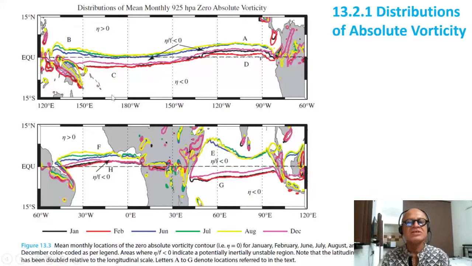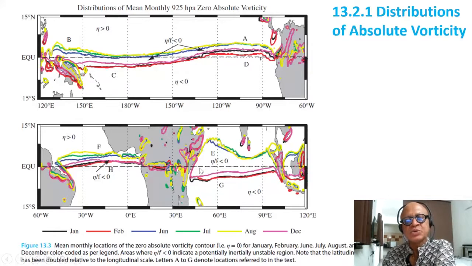But you can see how complicated the absolute vorticity lines are. These are the various months. So July, obviously everything is north of the equator here, and the ITCZ is to the north of it. As you remember, convection happens to the north of the absolute vorticity zero line.